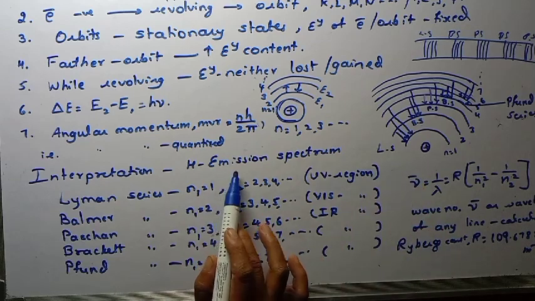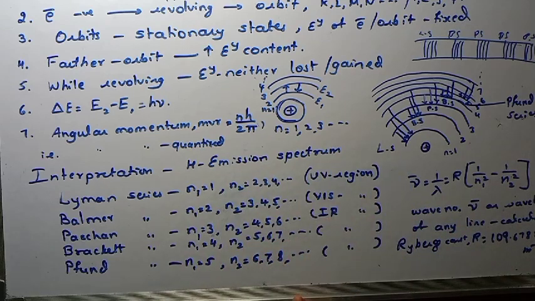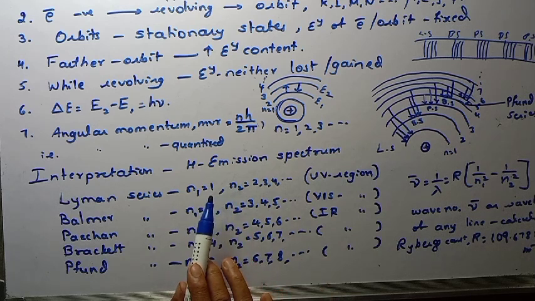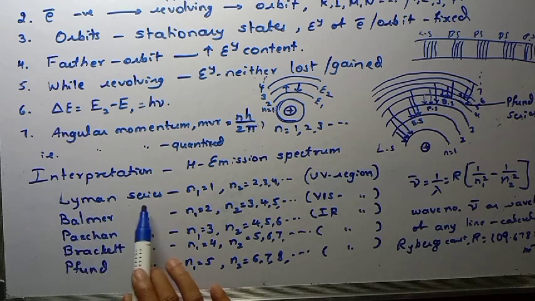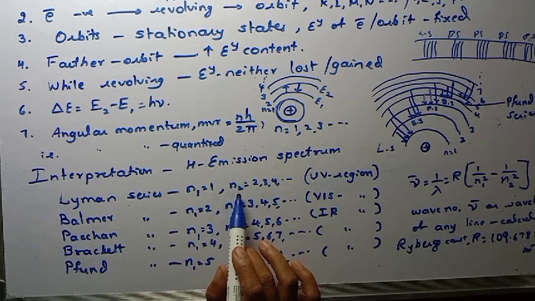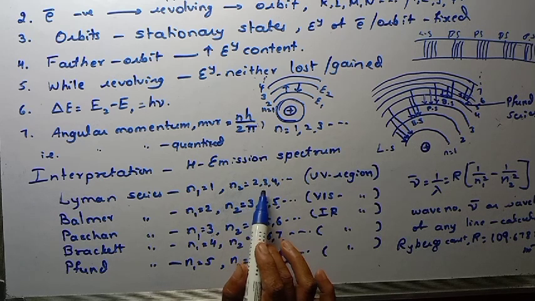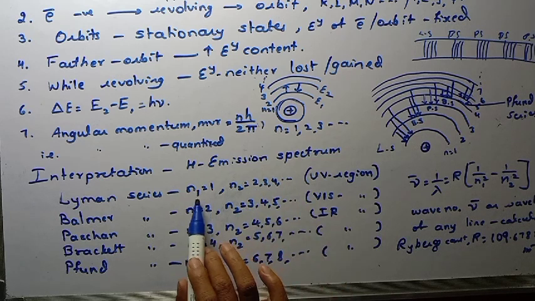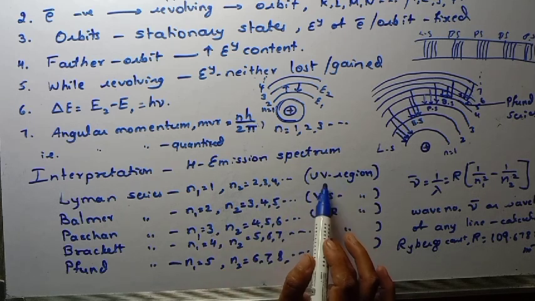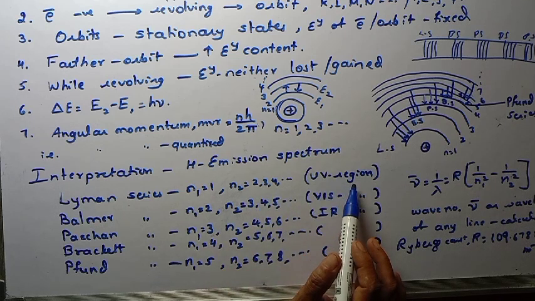It is the emission spectrum, that means the back journey of the electron from higher orbits to any of the lower orbits is studied here. Those electrons which come from higher orbits to the first orbit form the Lyman series, where n1 is 1 and n2 may be 2, 3, 4, and so on. These radiations fall in the UV region of the electromagnetic spectrum.